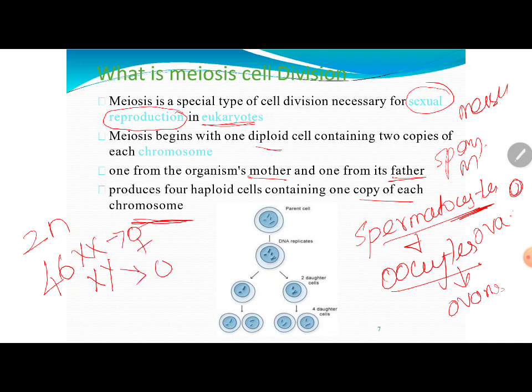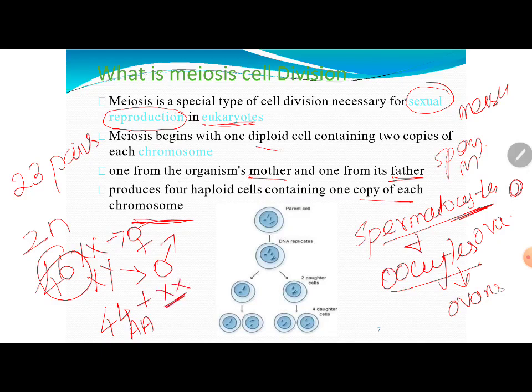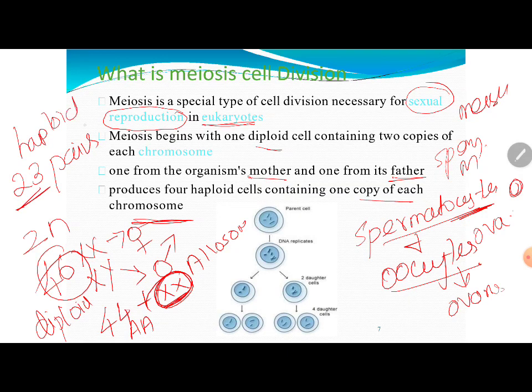If it is XY, it is male. 46XX means 23 pairs: 44 autosomes plus a pair of allosomes, which determine the sex of the baby. So 46 is the diploid number. 23 is the haploid number, not pairs. Just 23 is the haploid number.